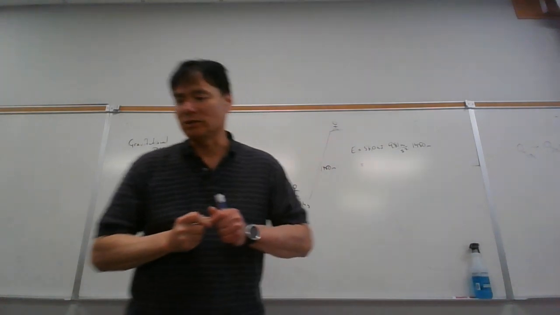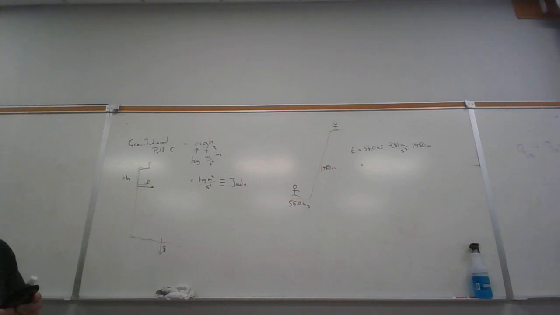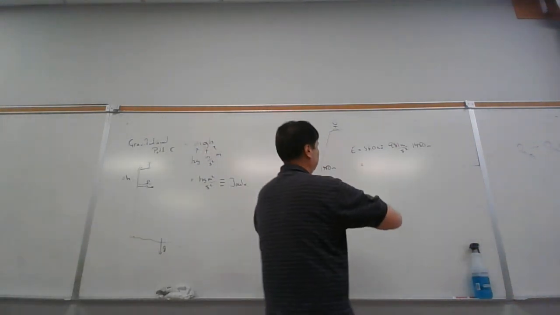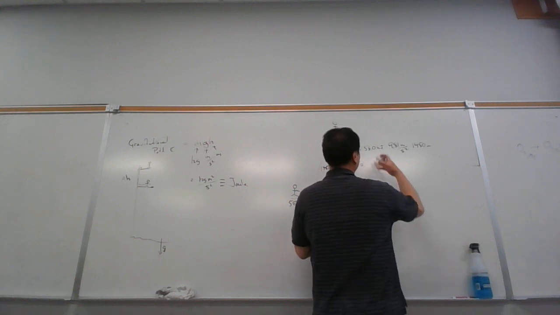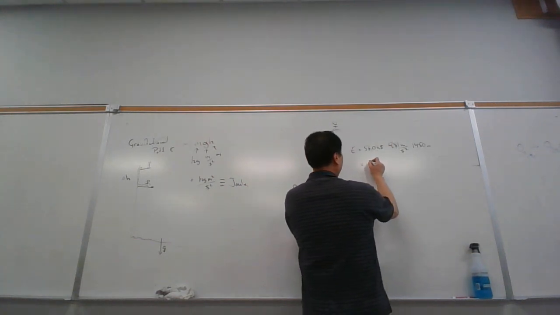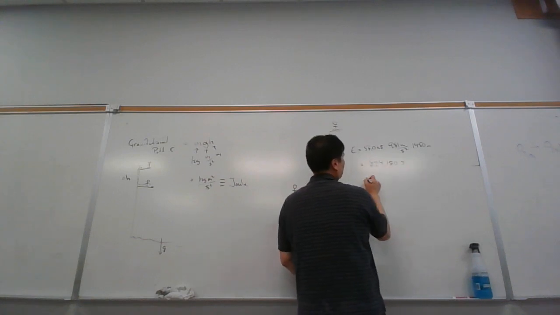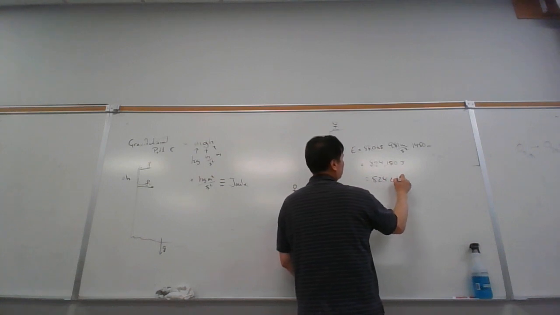So what does that come out to? We're going to get 58 times 9.81 times 1,450, which is 824,180 joules, or 824.2 kilojoules.